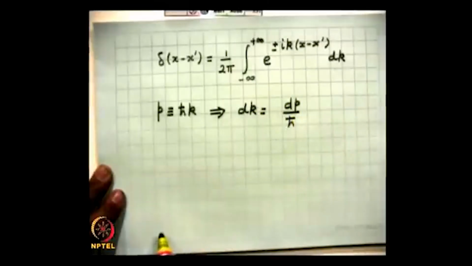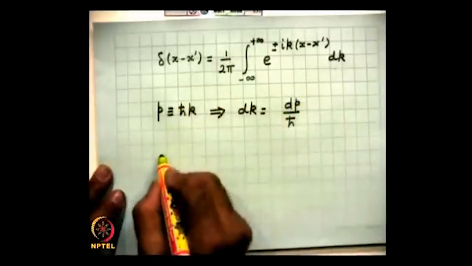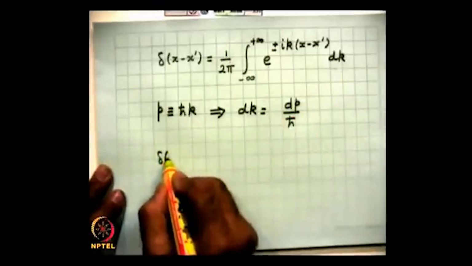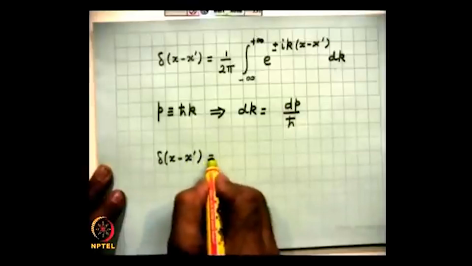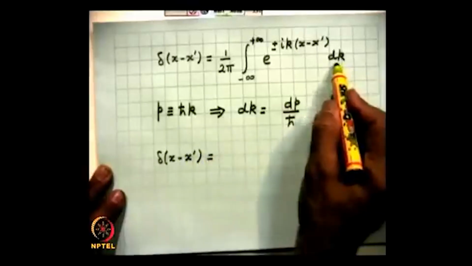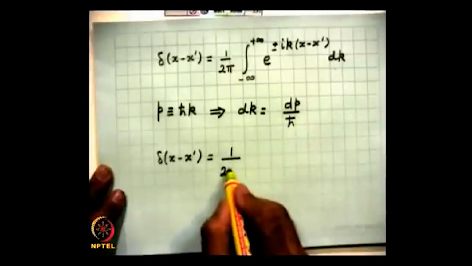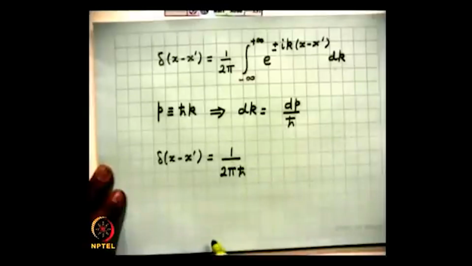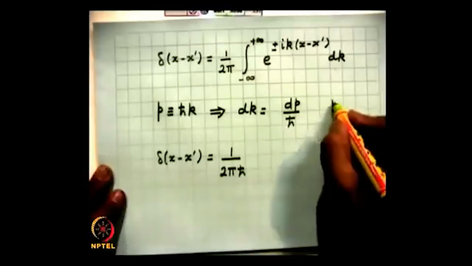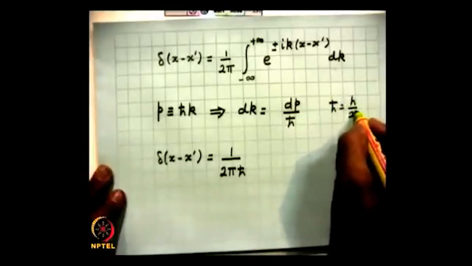So, if I substitute it here, I will get delta of x minus x prime is equal to 1 over 2 pi h cross, where h cross is the Planck's constant h over 2 pi.